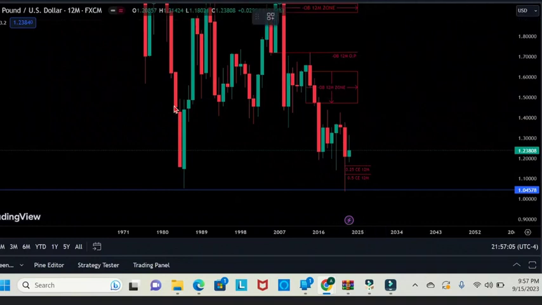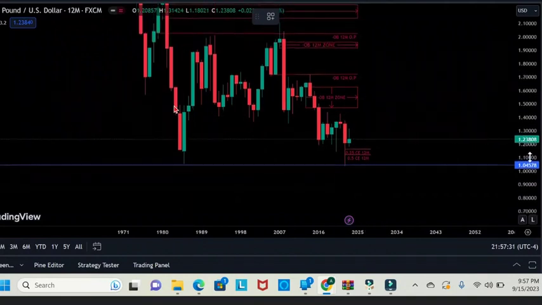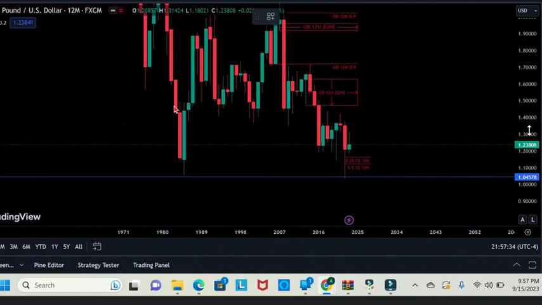Is that the recent bullish order block? Yeah, mark up mean threshold in the zone. This is because there's no recent bullish order block.